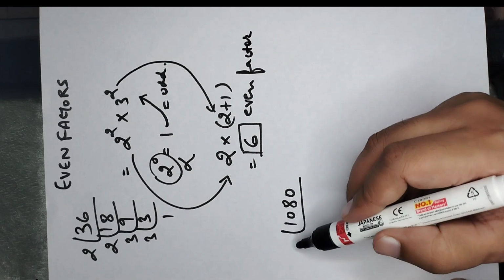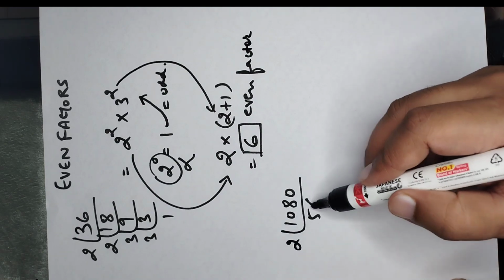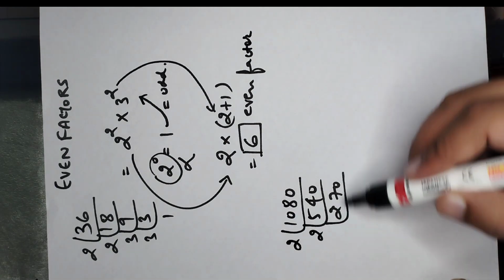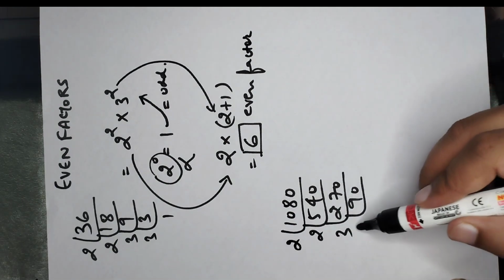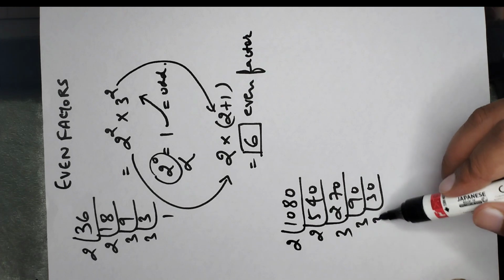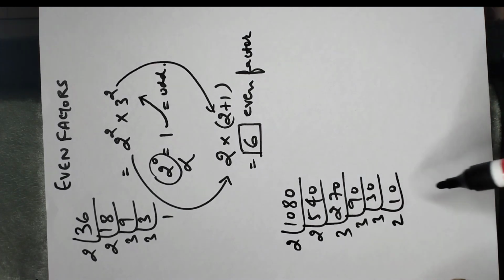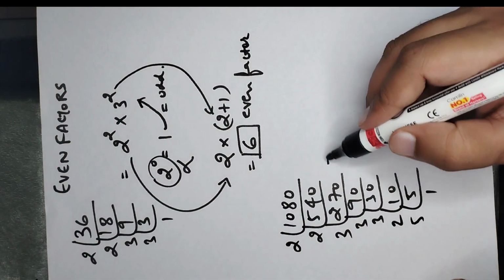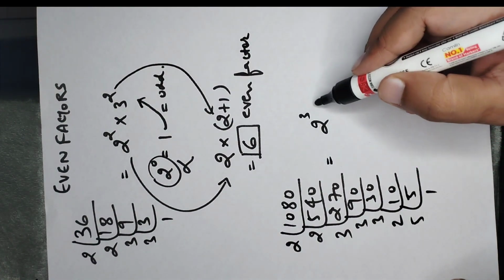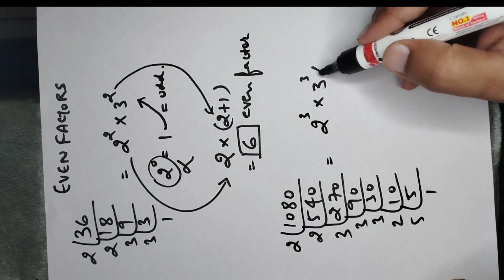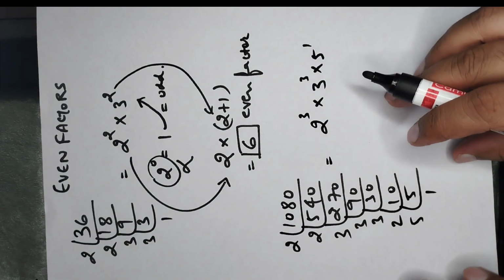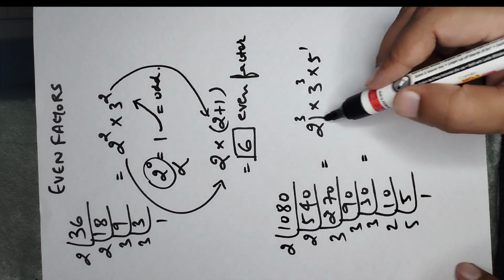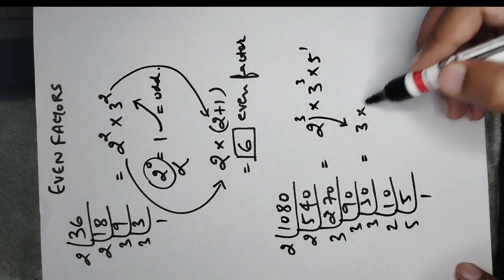So again factorizing this number, I can write this one as... Now again for finding the number of even factors, you just keep this power as it is and then add 1 in the remaining powers.